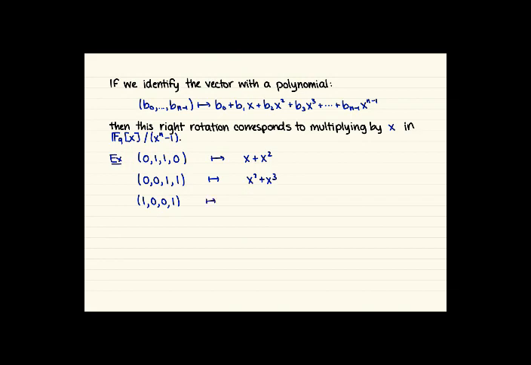If we multiply the previous one by x, we get x cubed plus x fourth. But we're looking inside the ring F_q, which was F_7 for our particular case, F_7 adjoin x mod x^4 minus 1, since n here is 4. So in here, x to the fourth is equal to 1. So this is equal to x cubed plus 1, and that makes sense with how we're corresponding those vectors with polynomials. Then finally for our last one, we had 1, 1, 0, 0.